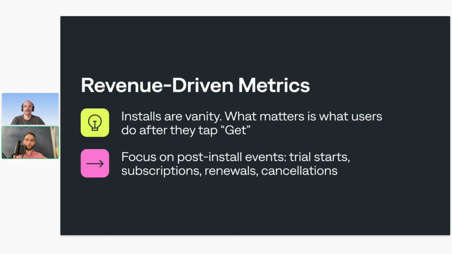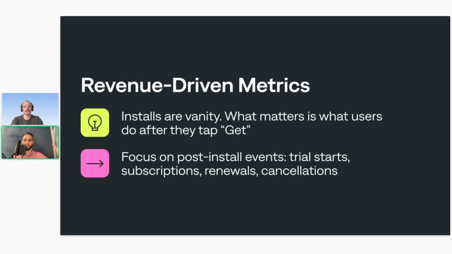So just a quick example. Let's say you're running a campaign for a fitness app, and you get installs for $2, but only 12% of users start a trial, only 3% convert to paid, and churn after the first week is 65%. Now let's compare it to a second campaign where you pay twice as much.